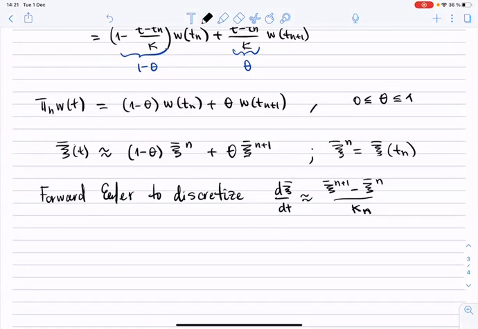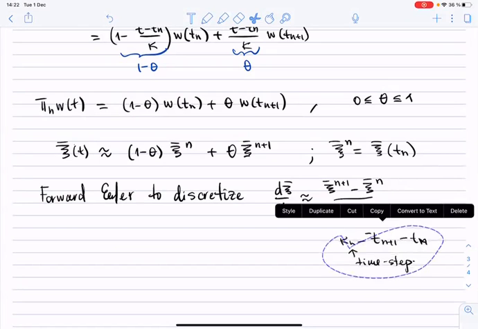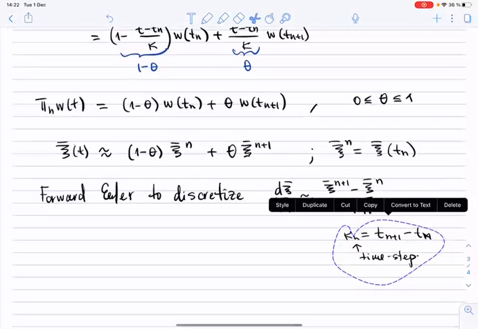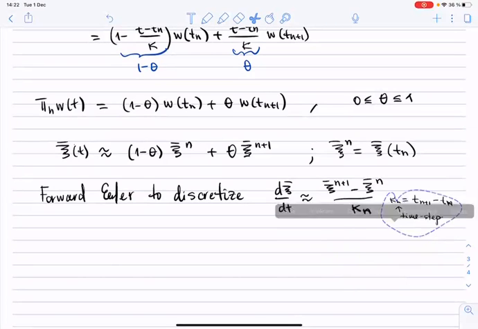Kn is the time step between tn plus 1 minus tn. So we can just move it here, time step.